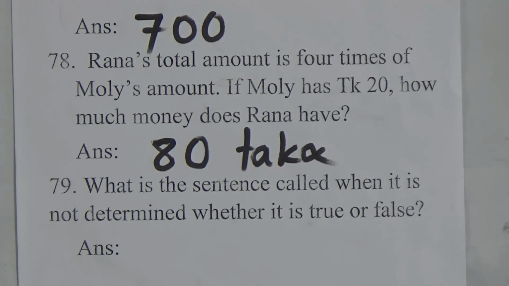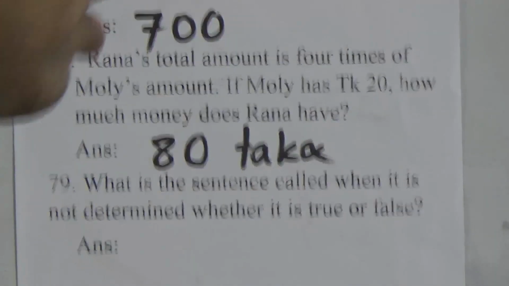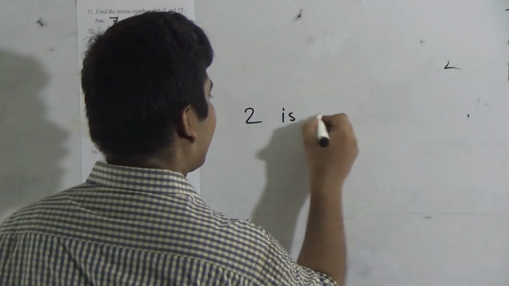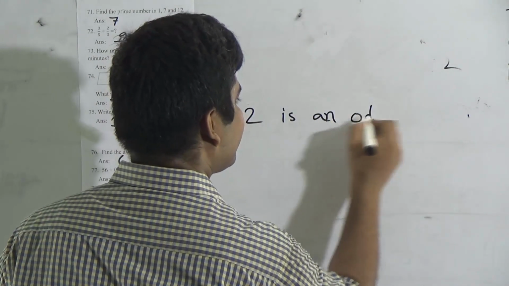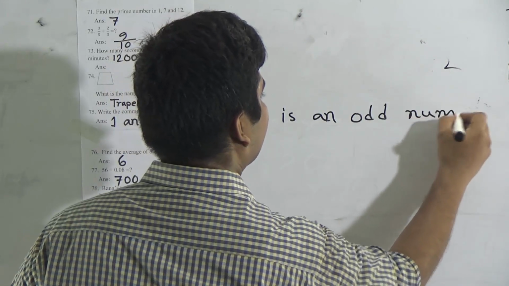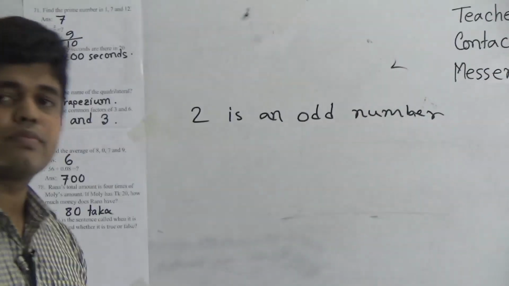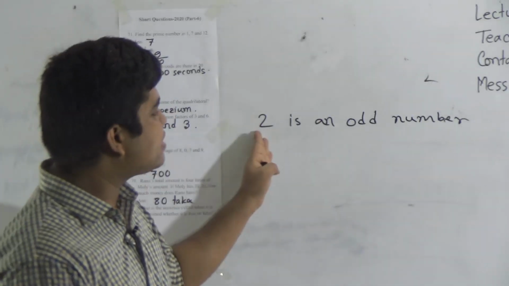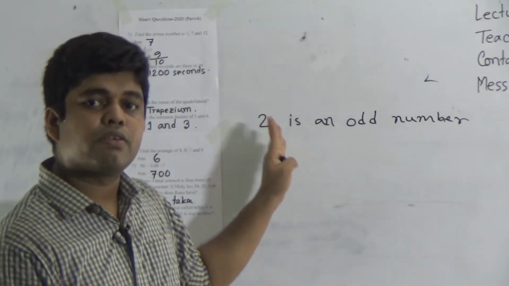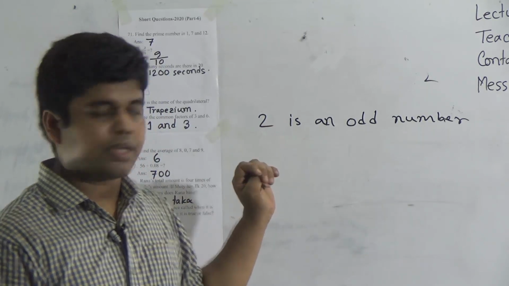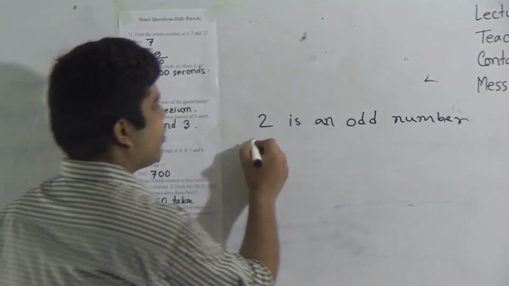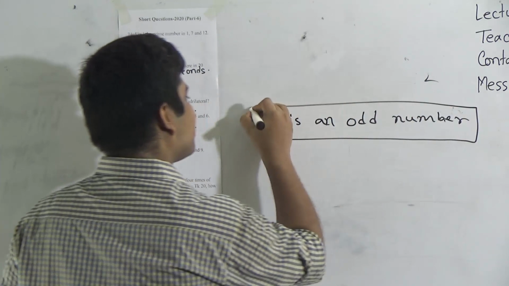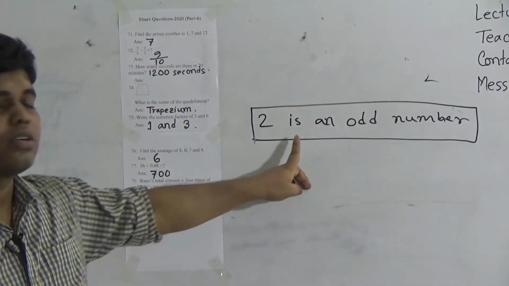Please notice here, 2 is a word number. Sorry, 2 is an odd number. Is it true or false? It is false. That means we can determine this statement is a false statement. For this reason, we can say this is not an open sentence. This is called a closed sentence.